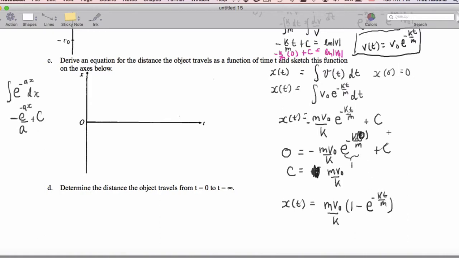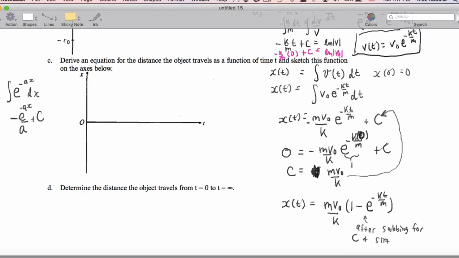So just to be clear, you will need to plug this back in for c. You will factor and simplify. So I'm just going to write here, after subbing for c and simplifying.